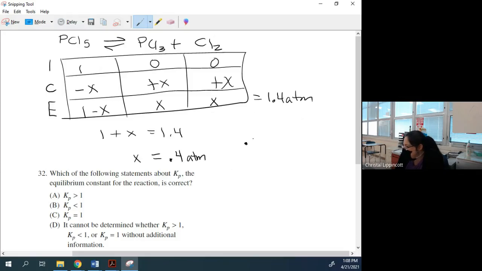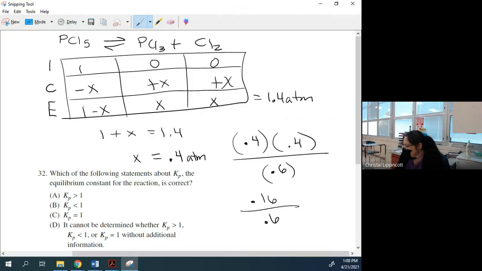Then if I take 0.4 times 0.4 over 1 minus 0.4, which is 0.6. This times this would be 0.16, right? Over 0.6. So 16 over 6. What's that answer be?